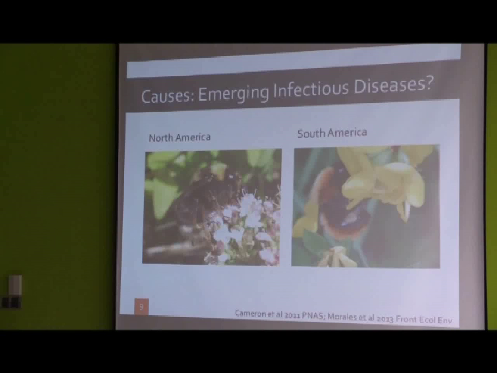We know from pretty good data that ranges of a suite of North American bumblebees, so not all of them, but a subset of them, have hugely contracted over the past 20 to 25 years. Much more rapidly than European bumblebees have declined, and apparently not linked to habitat loss, because all the habitat loss seems to have happened a long time before the bees declined, in very broad brushstrokes.